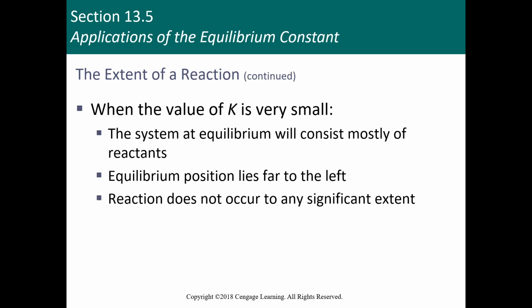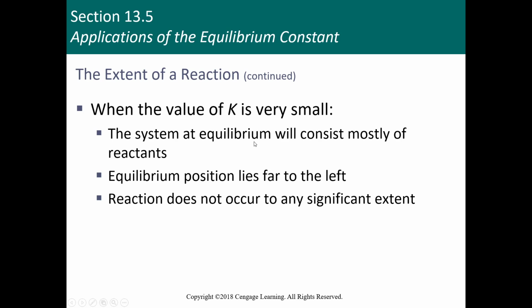So when the value of K is very small, well, again, it's products over reactants, right? So if it's very small, much smaller than 1, that means that the reactants, which are in the denominator, have to be large. You have to have a lot of reactants. The stuff in the numerator, which is products, has to be very small, right? And so that means you're going to favor the reactants.